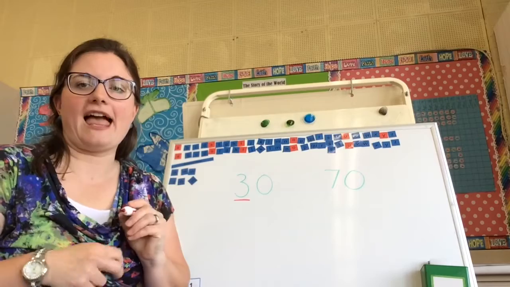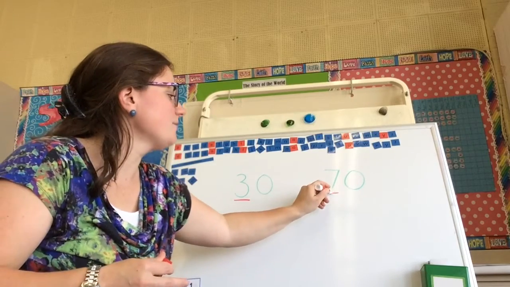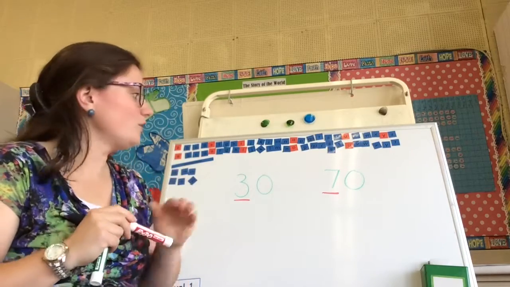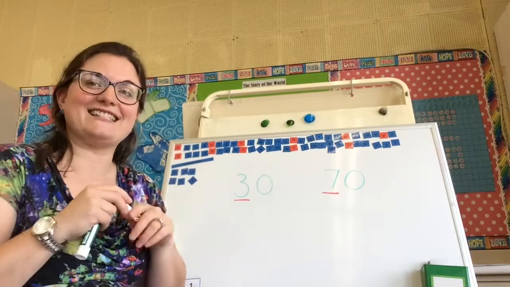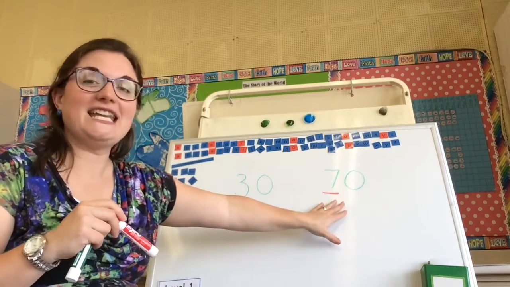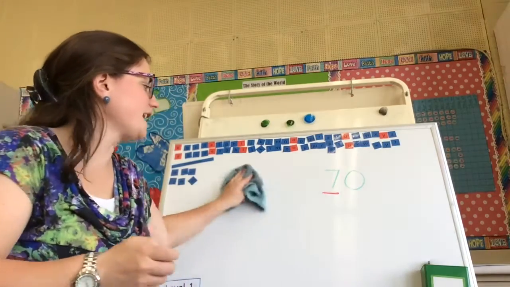I have 3. And how many tens do I have in 70? I have 7. So which one has more tens? Say it out loud. 70, right? It has 7 tens. So 70 is larger, okay?